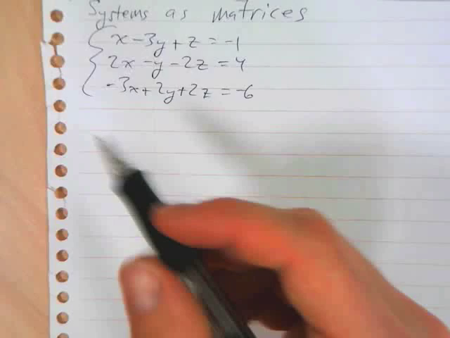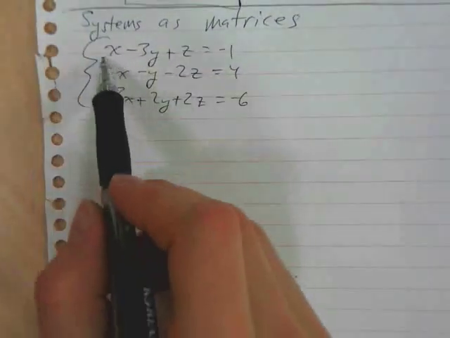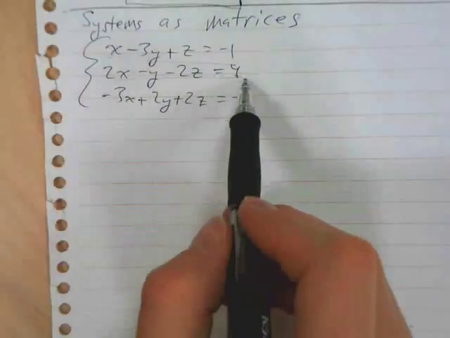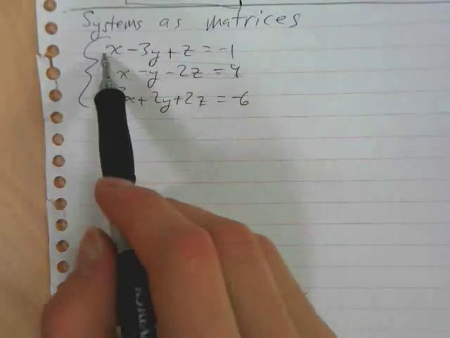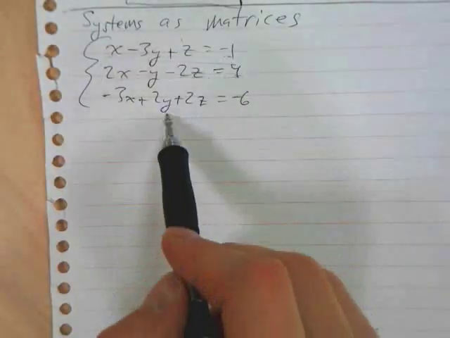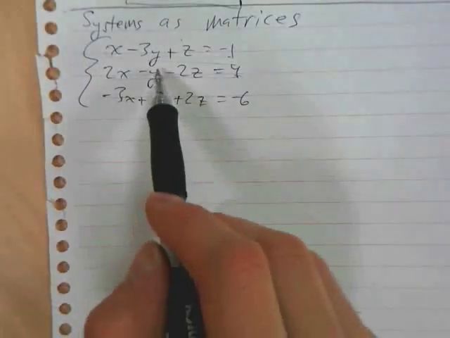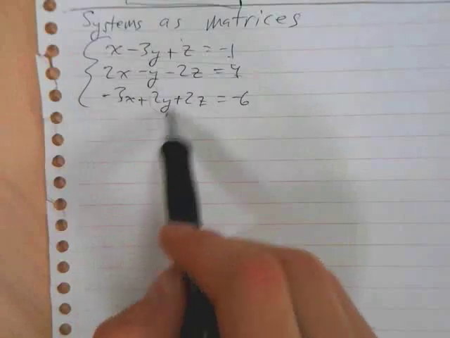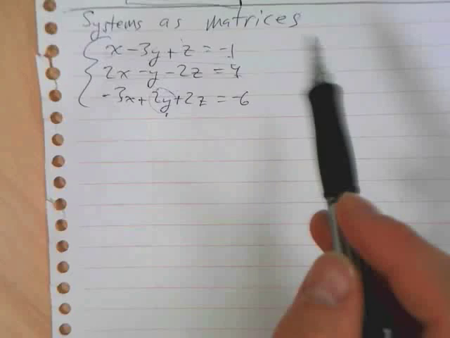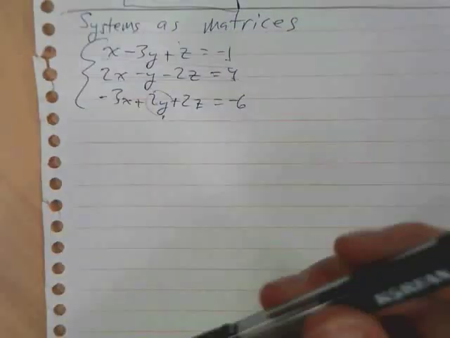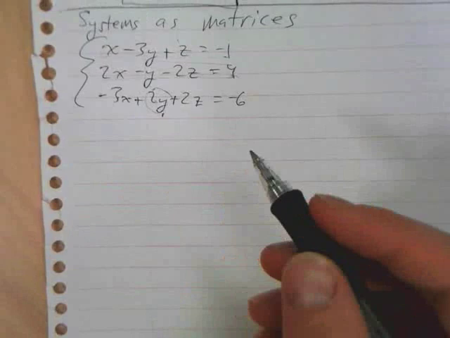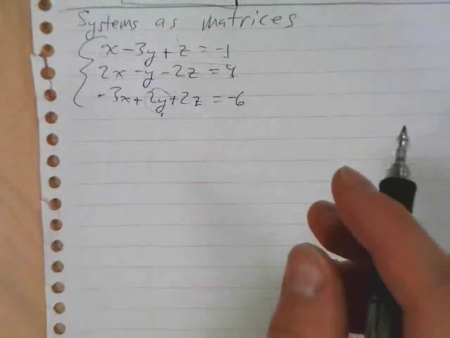Right? If we were going to solve this as is, we might take 2 times this equation and subtract this equation to get rid of x. Then we might take 3 times this equation and add it to the third equation to get rid of the x there. And then use these two equations to eliminate y here, and then back substitute to solve for x, y, and z.